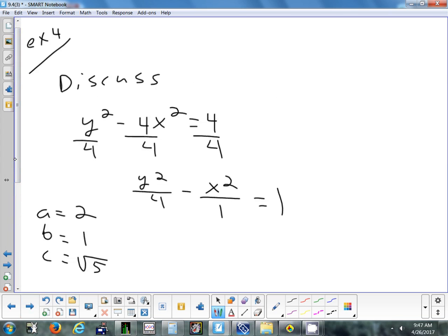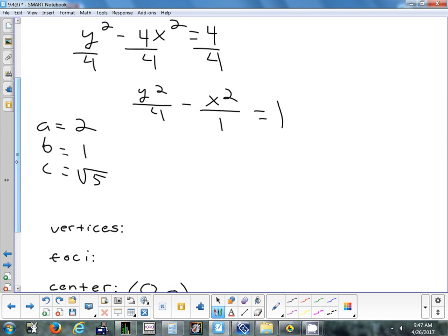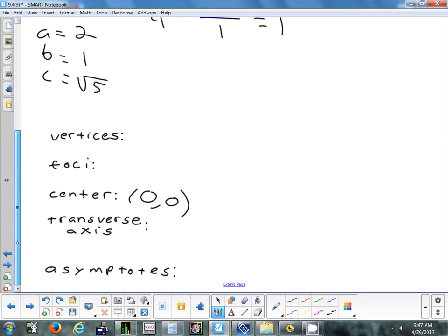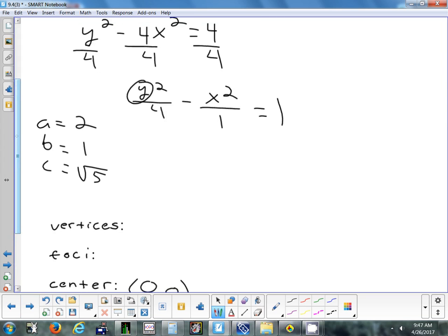All right, if there's nothing else added or subtracted in the numerator, where's your center? It's always at 0, 0. How about my vertices? Are they going to be above and below the center, or to the left and to the right? Above and below, because the y is positive. Okay, so everything is going to be vertical. So where would the vertices be?